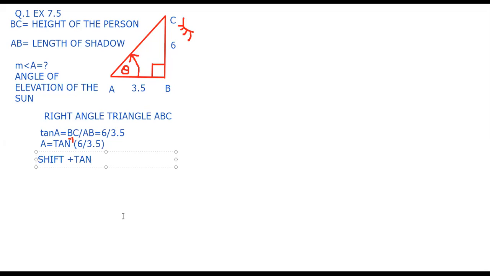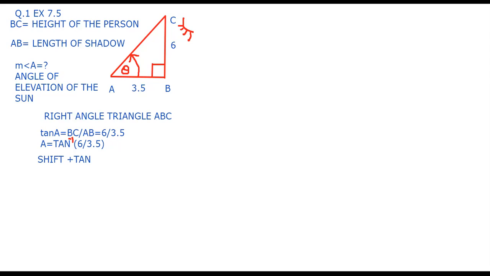You have to keep in mind that your calculator should be on the settings of degree, D on the screen. It should not be on radians, it should not be on gradients, it should only be on D. Small d should be visible on the screen for scientific calculators.